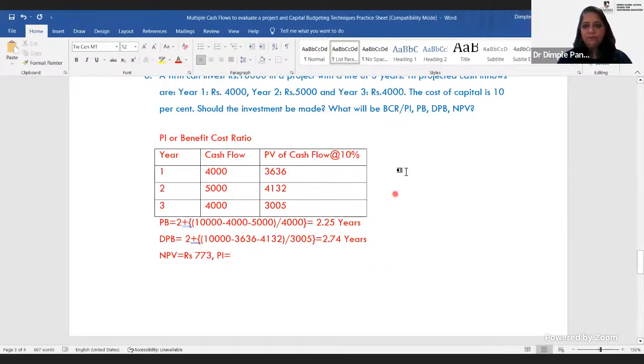Only thing is you will get the ratio. 0.92, little doubtful because I'm able to accept the project. 1.077, right? So this is a one-stop solution.